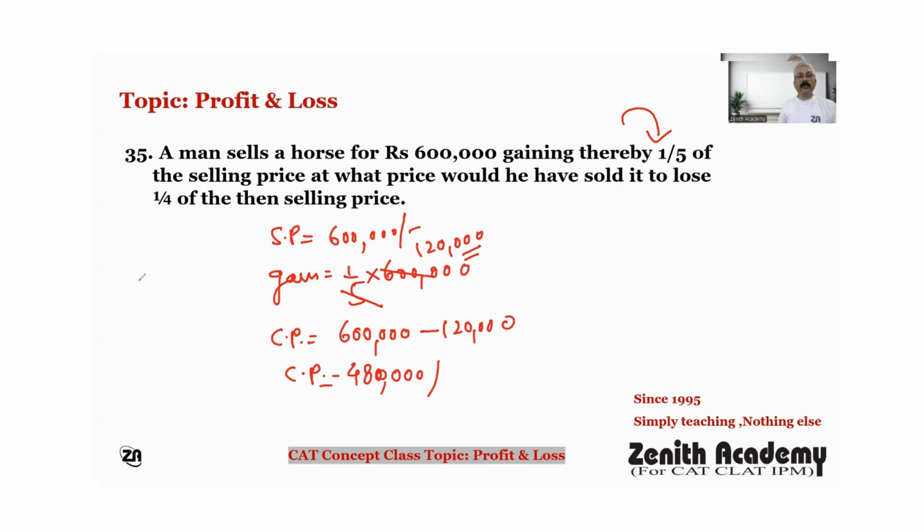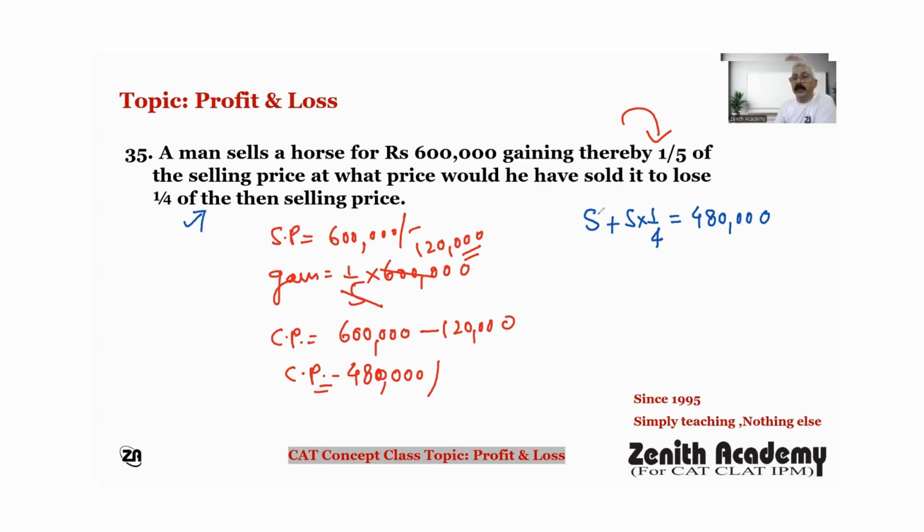In next scenario, what price he would have sold it to loss 1 by 4 of then selling price. Suppose the next selling price is S. And now there is a loss, means S plus 1 by 4 of this latest selling price will equal to 4 lakh 80,000.